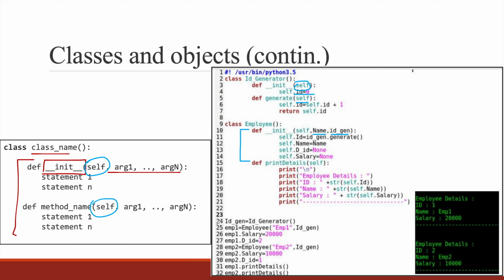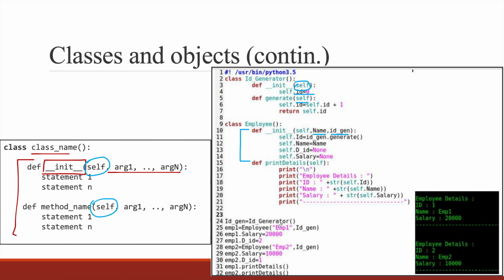Now in line 24, we create an object idgen, which is equal to ID generator. And this will create an object called idgen. At the beginning, it only has one instance variable, which is ID, and this value is equal to 0. And now we create an object of the employee class, and we call it employee1.